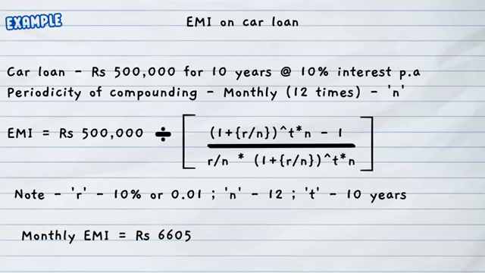So the EMI is basically, this is how banks calculate it. Even if you substitute these values in an online calculator, you'll get the same value. So EMI is equal to rupees 5 lakhs divided by this whole exercise that's happening in the brackets. So it's again ((1 plus r) to the power of t minus 1) divided by (r into (1 plus r) to the power of t).